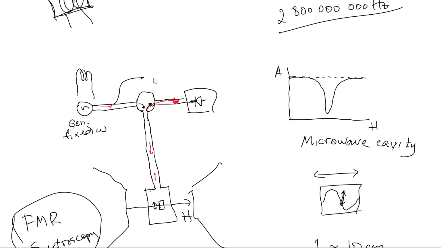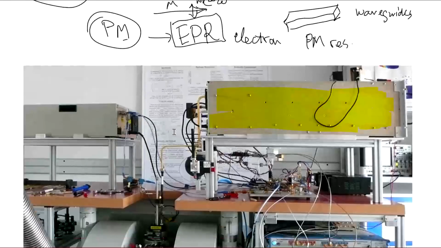One portion goes here, there is this phase adjustment, and then it interferes with that. If they're in phase and dependent on the amplitude, there is zero coming to the detector. But when the signal gets absorbed, then the interference gets out of balance, and you detect the signal. I'm not going to go deep into the detail. I encourage you to look into how it works yourself if you're interested. But in general, this is a more complex microwave schematic.